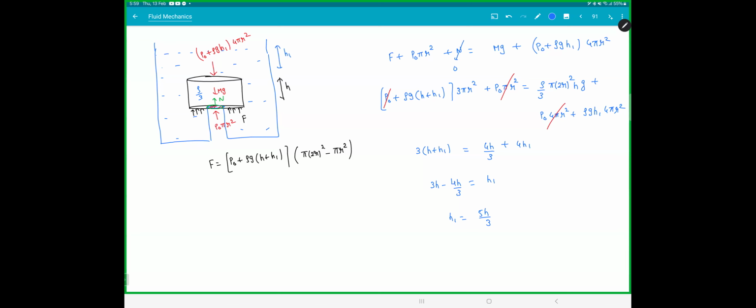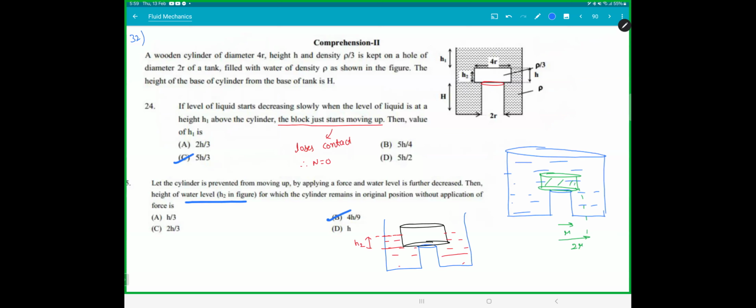Next thing, look at the second question. Now give it a try. Now you got the FBD, how it looks. I'll give you a minute for the second one.